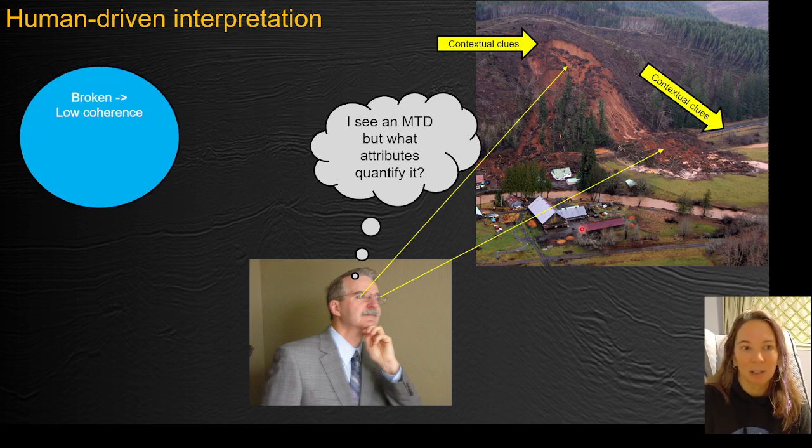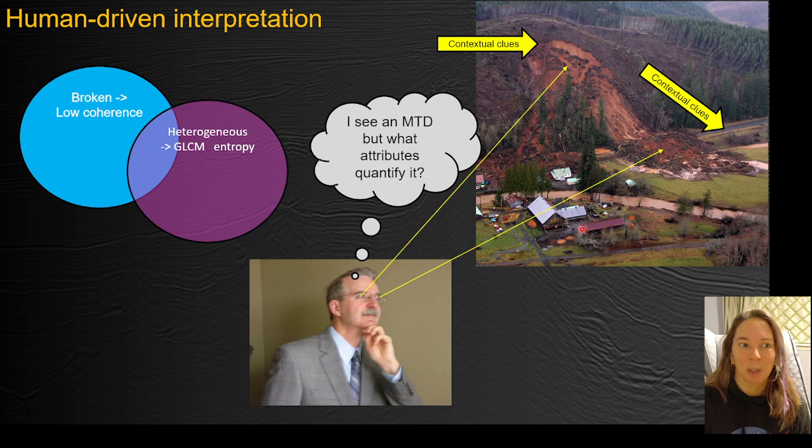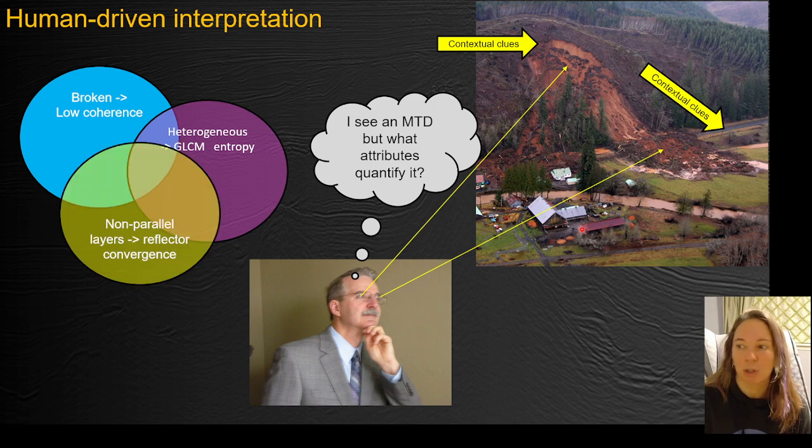When we relate this to seismic data, what we first see is this low coherence. If we were to look at this in an attribute, it's broken, so there's a low coherence between it. We also have a bit of heterogeneity from this landslide, and that would show up perhaps in something like GLCM entropy as a seismic attribute.